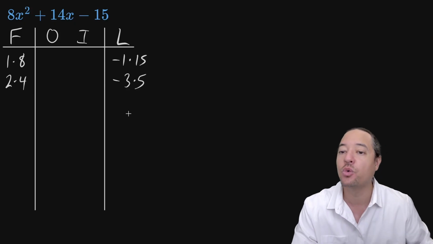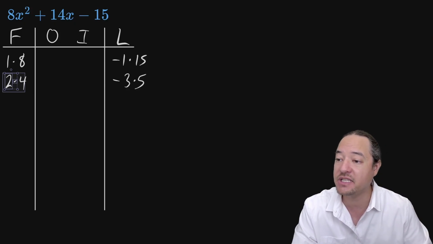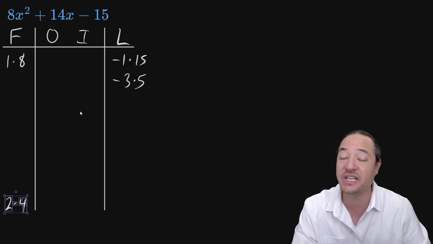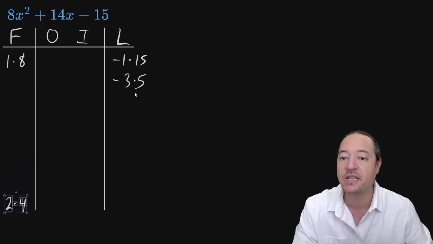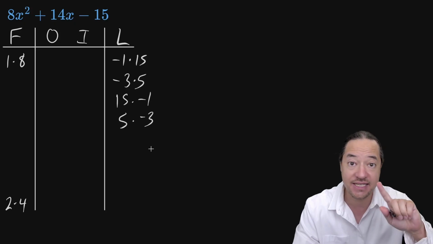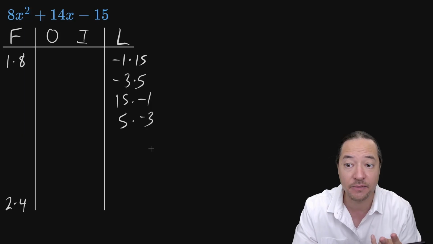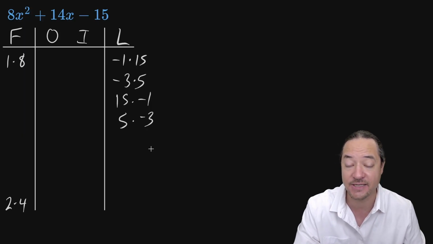However, we have to imagine all of the other potential combinations here. Let me take this 2 times 4 and move that down because we're just concerned with all the combinations of 1 times 8 first, right? We could flip these around. We'll get a 15 times a negative 1. We'll get a 5 times a negative 3, okay? So that's one way that duplicates our possible combinations, is flipping these two for the last term.